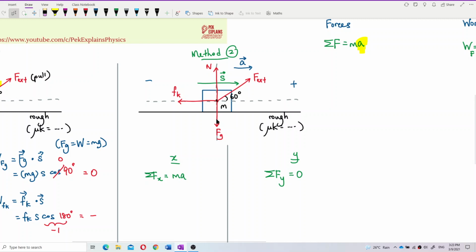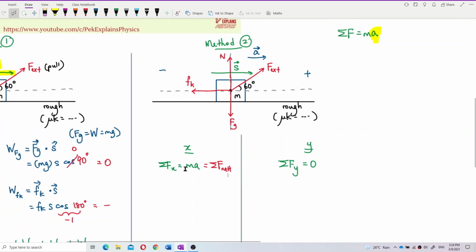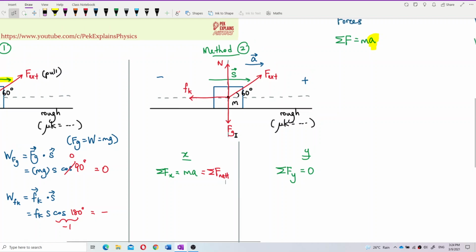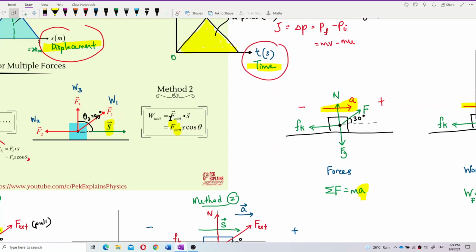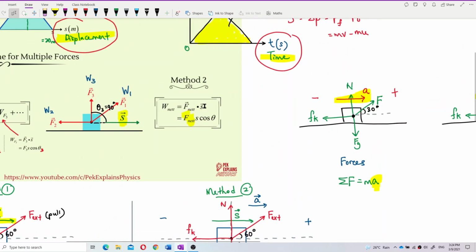The resultant force in the y component is 0, so the net force is only in the x component. So we find the net force in the x component, then we use the formula net force dot displacement, Fs cos theta, and we can find the net work done straight away.